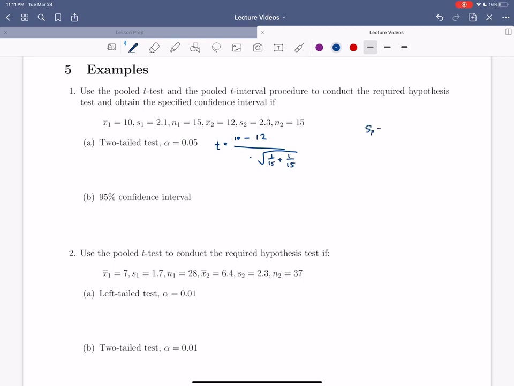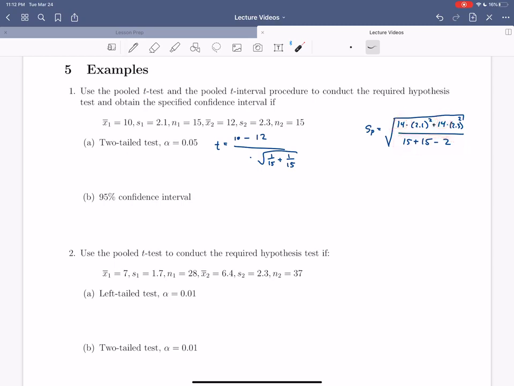So we just have to figure out our pooled standard deviation, and just following a formula, that's going to be n1 minus 1, so it's 14, times our s1 squared, so that's times 2.1 squared, plus n2 minus 1, so that's again 15 minus 1 or 14, times 2.3 squared, all over n1 plus n2 minus 2, so 15 plus 15 minus 2. It's really the sum of those two values that we get, so that's 28.